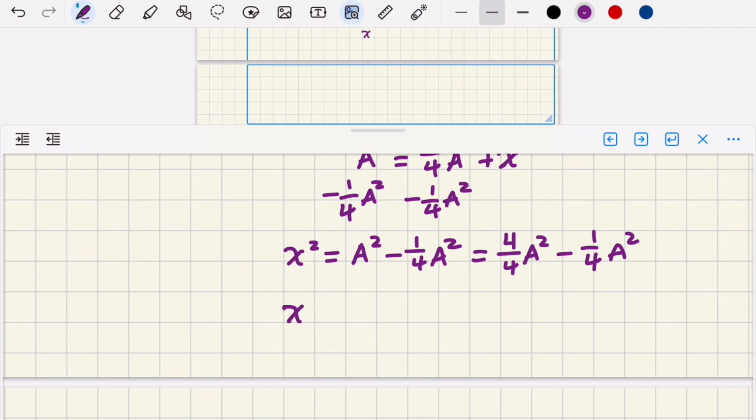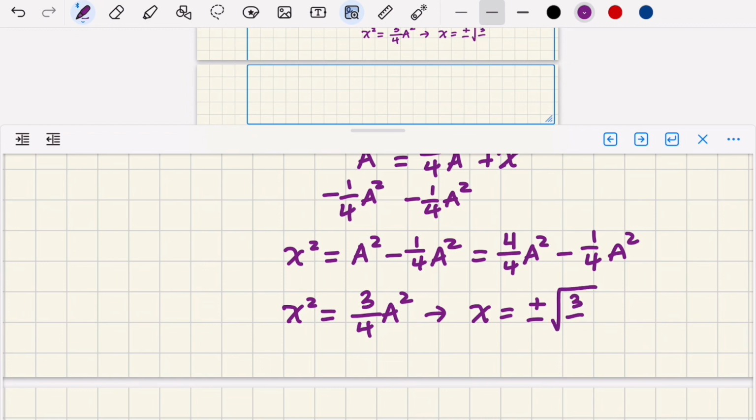So then x squared is simply 3/4 A squared. We take the square root and we end up with x is equal to plus or minus, that's very important, okay, plus or minus the square root of 3/4 times A. And we can take the square root of 4.